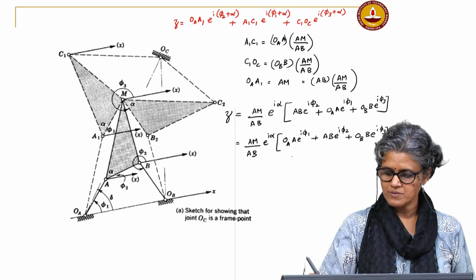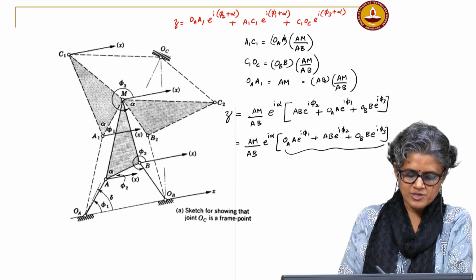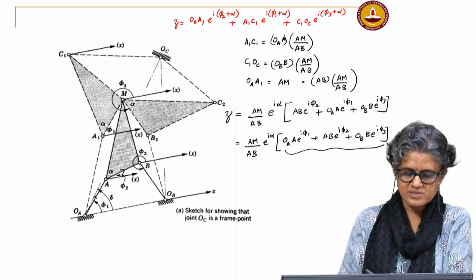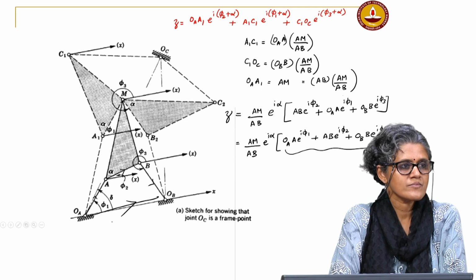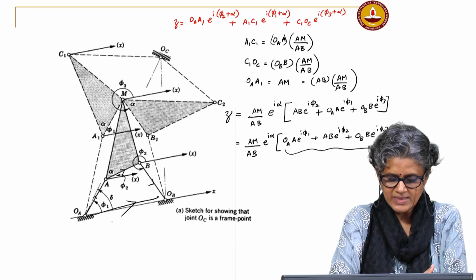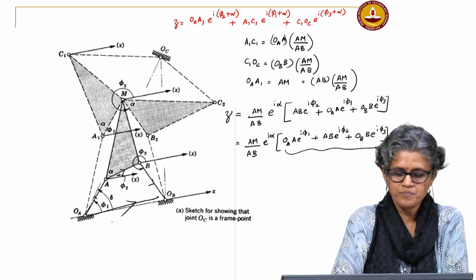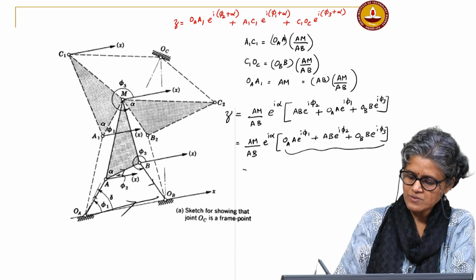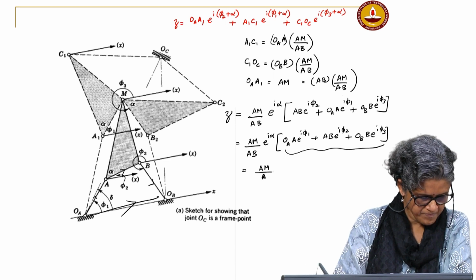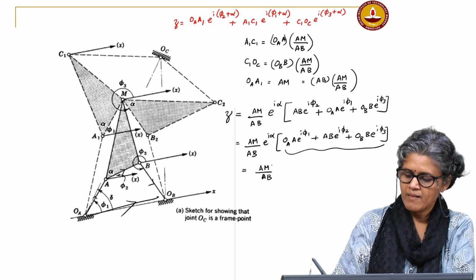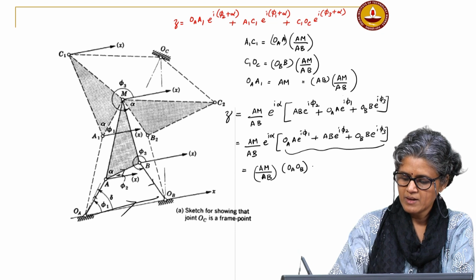What is this equal to? It is nothing but from your loop closure, this plus this plus this is equal to this. It is just the length OAOB, because I have taken x along that, the angle of that is 0, right. So, I get this is equal to AM by AB into OAOB e power I alpha.